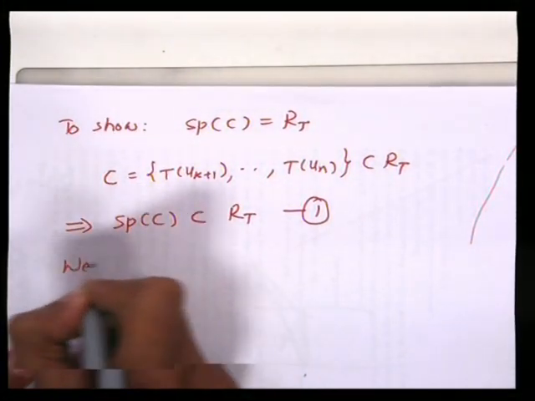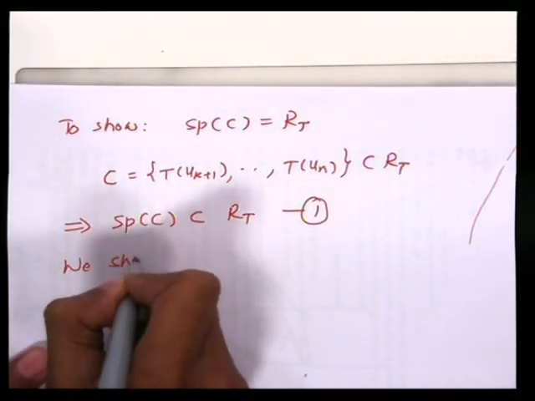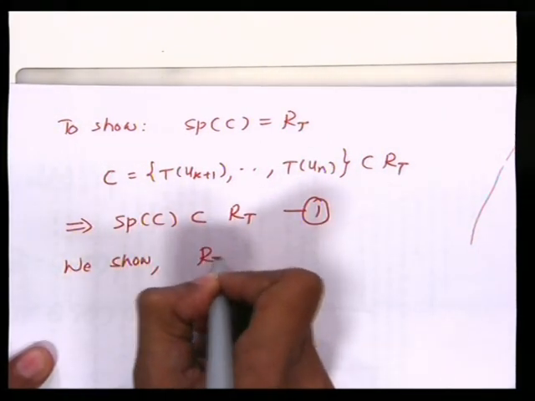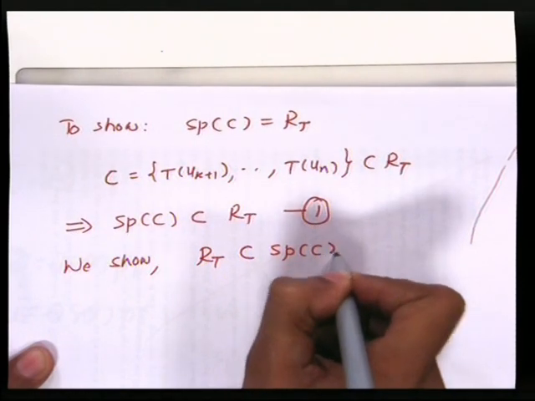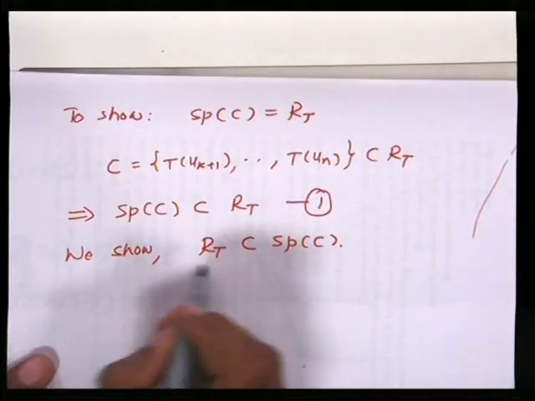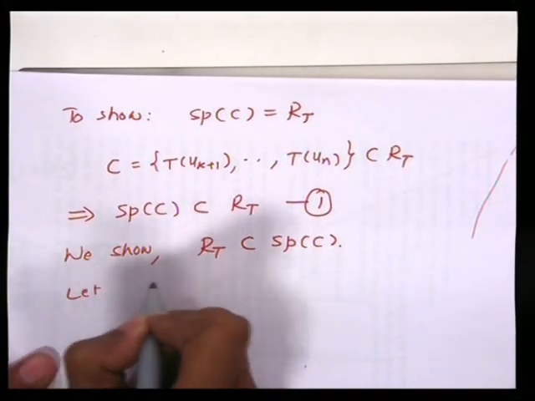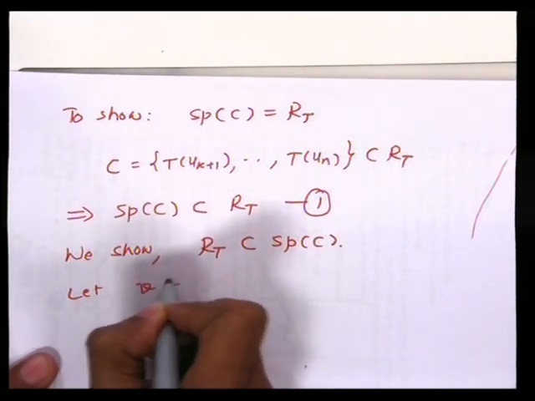Now we show that R(T) is a subspace of span of C. To prove the equality, we show that R(T) is a subspace of span of C. For this, let us choose a random vector v belonging to R(T).